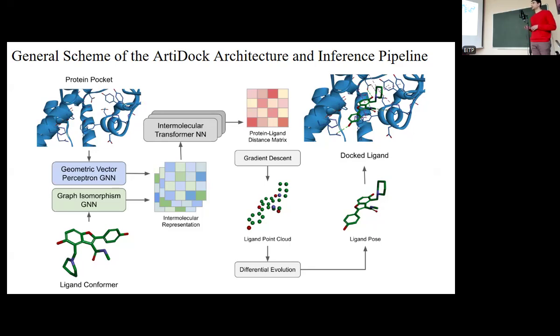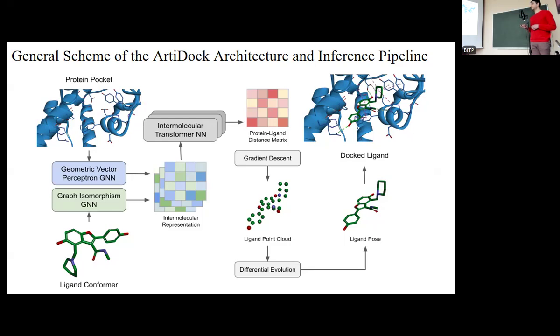These two entities are processed by a special type of artificial neural network called graph neural networks and combined in an intermolecular representation that contains information about both entities.